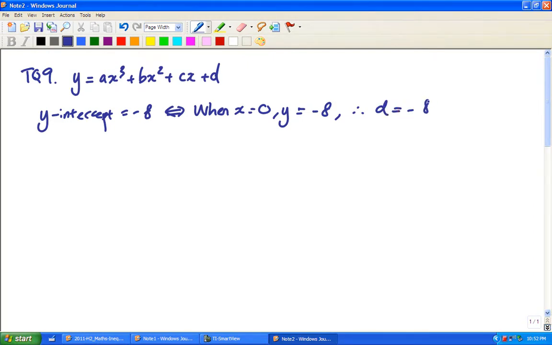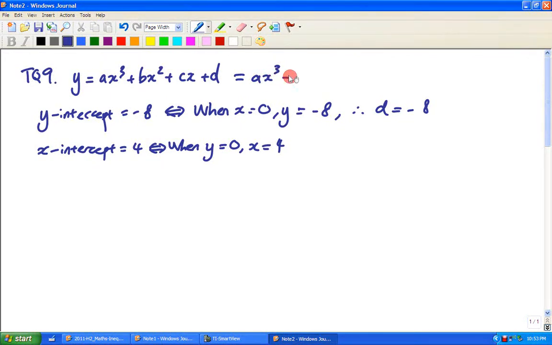Now the second piece of information: it cuts the x-axis at x equals 4. In other words, the x-intercept is 4. Again, equivalently, when y equals 0, x equals 4. So this will give us our first equation. We rewrite the equation as ax cubed plus bx squared plus cx minus 8, since we already know that d is -8.